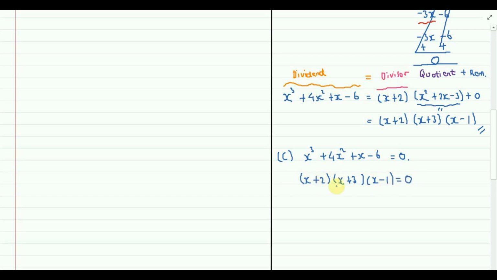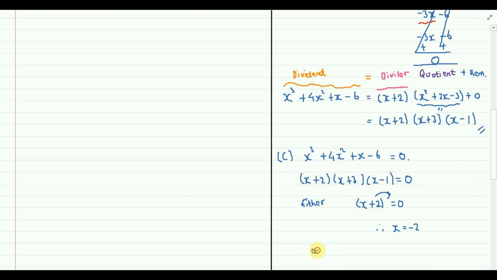And since the product of these 3 terms equals 0, we can equate each term to 0 to find the corresponding values of x. So in this case, either we have x plus 2, the first term, and let's equate that to 0, so that when I rearrange, x is going to be minus 2.